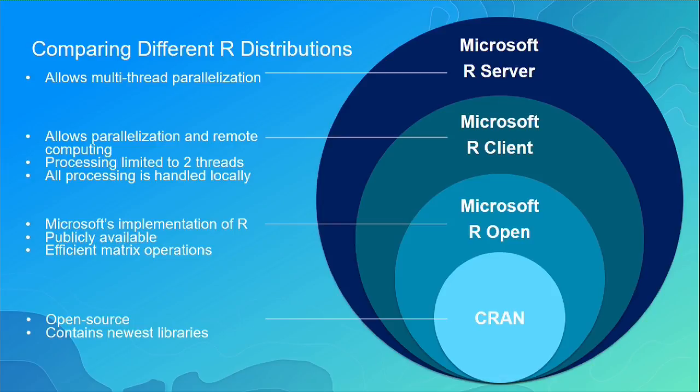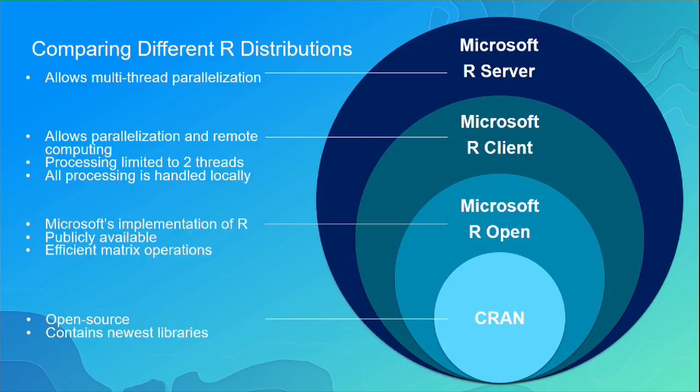So when you do anything related to matrix algebra or linear algebra, you're going to see an immediate increase in your performance, because the entire Microsoft R functionality is calling the MKL library in the background, which is a C++ library, so it's much faster.